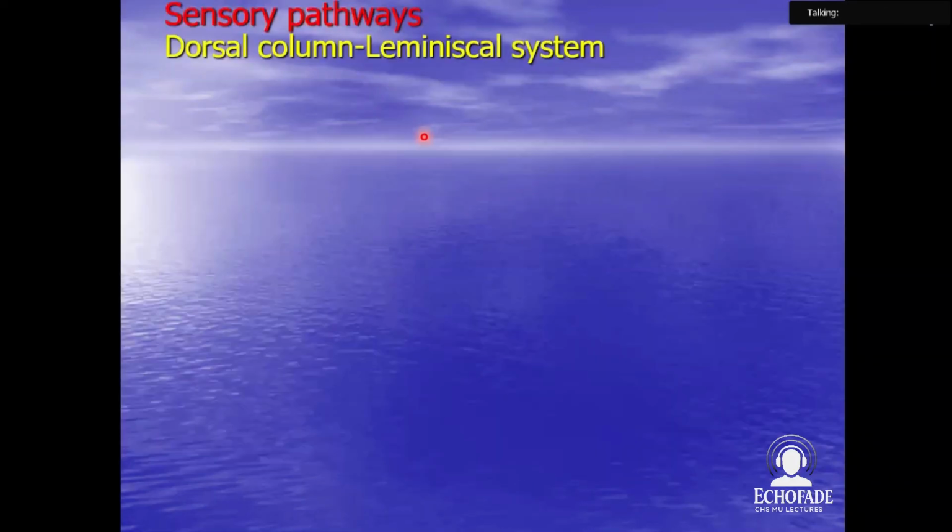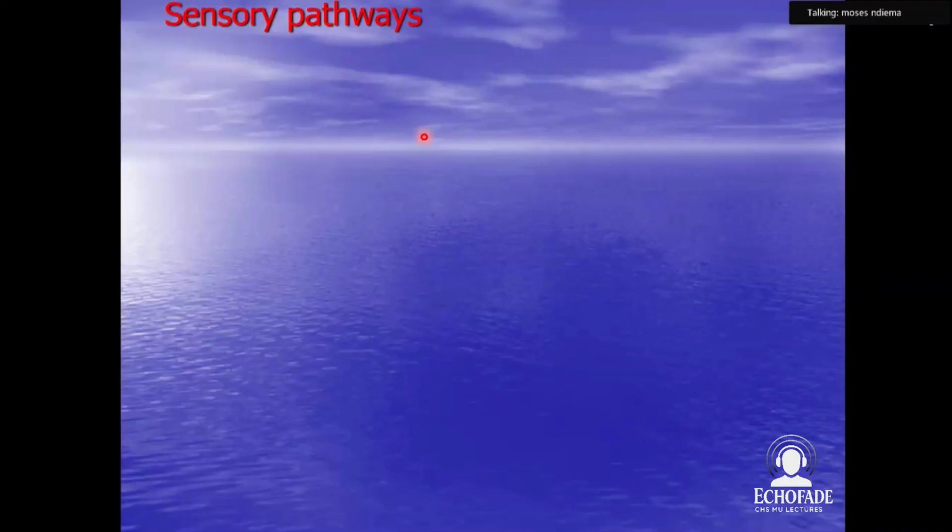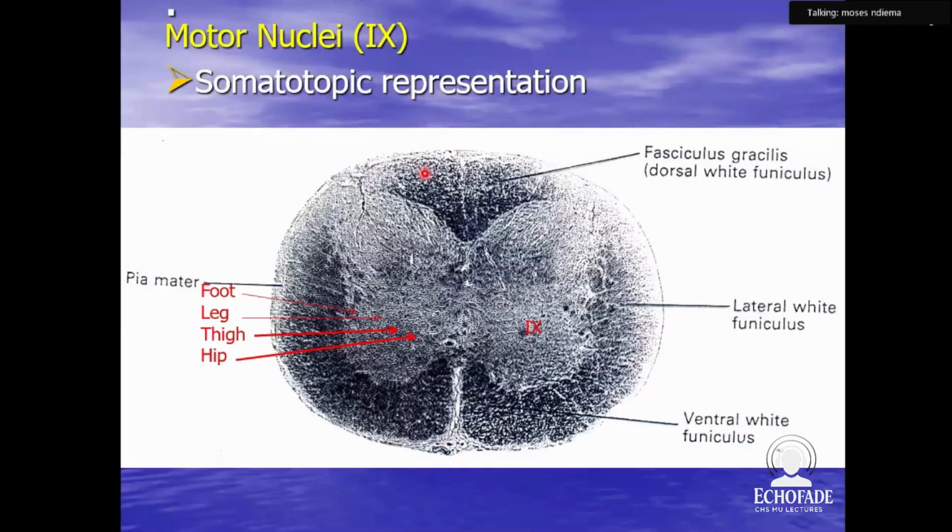Now, we have sensory pathways, and those sensory pathways are in the dorsal column, also what we call the lemniscal system. In the dorsal column, if you remember, I talked about this part here being the dorsal column as white matter, or dorsal funiculus.